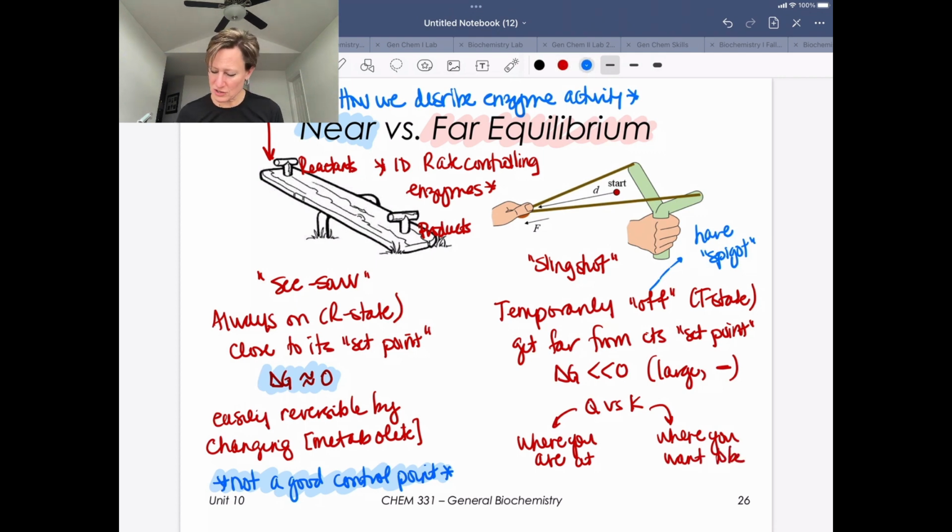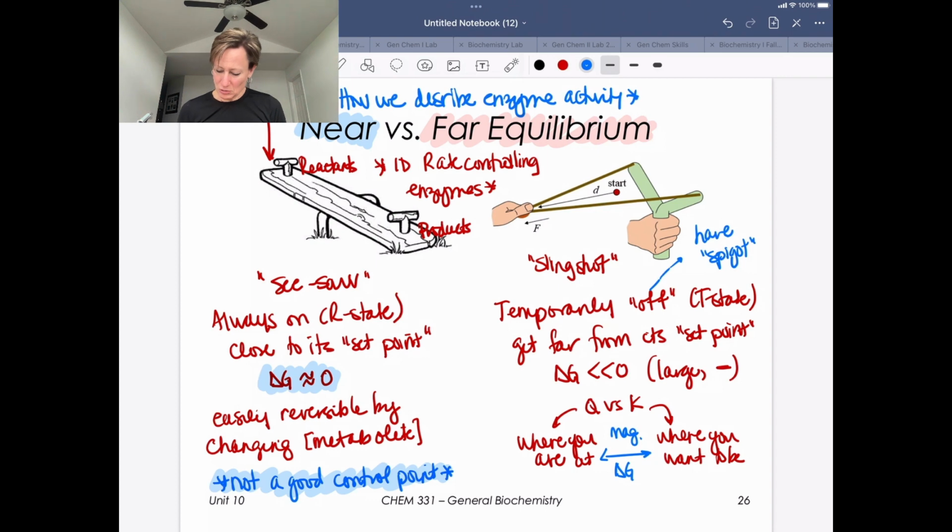And the larger the difference is between where you're at and where you want to be, that has to do with the magnitude of your delta G. So far from equilibrium reactions with a large negative delta G means where you're at is far away from where you want to be. So that's how we set up the system so that it's a control point.